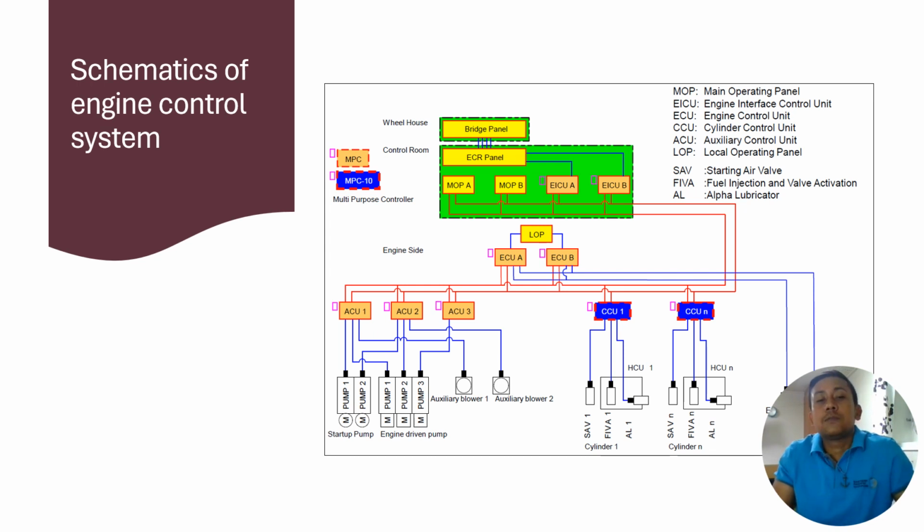The ECU receives signal from the EICU, engine interface control unit A and B, which is interconnected with MOP A and B. Thus the EICU receives signal from the bridge and ECR panel. So this is the complete schematic of the engine control system. It is very important for you to understand this schematic diagram to understand the engine control system of the ME engine.